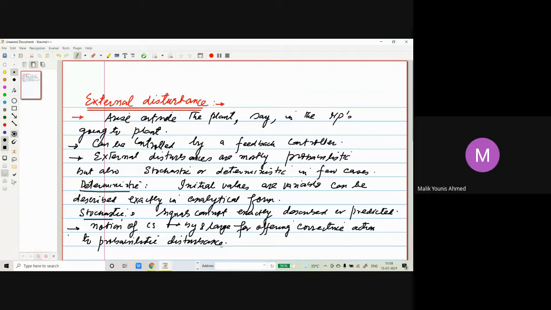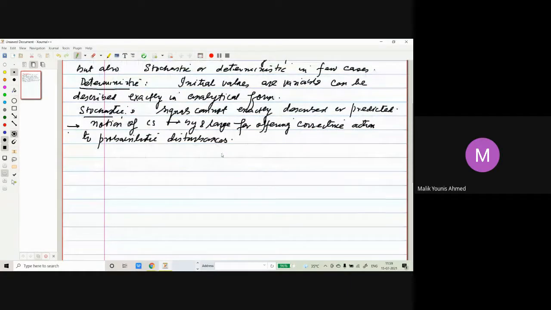When you are designing any type of control system, what should be its nature, and which types of disturbances should we go after? The design of the control system parameters should be such that we offer very good corrective action to the probabilistic disturbances.